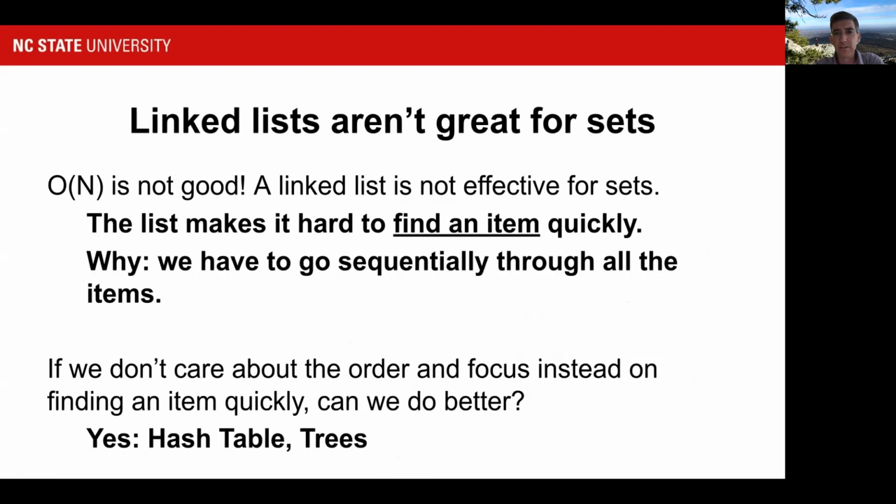What it all boils down to is that in every single one of those functions, we had to make sure the item wasn't in the list or we had to look for the item in the list. And to do that, we had to look through the whole list. That was the big problem. It's not easy to find something quickly in a list. You have to search the whole list. So that's bad, right? That sequential stepping through the list is bad.